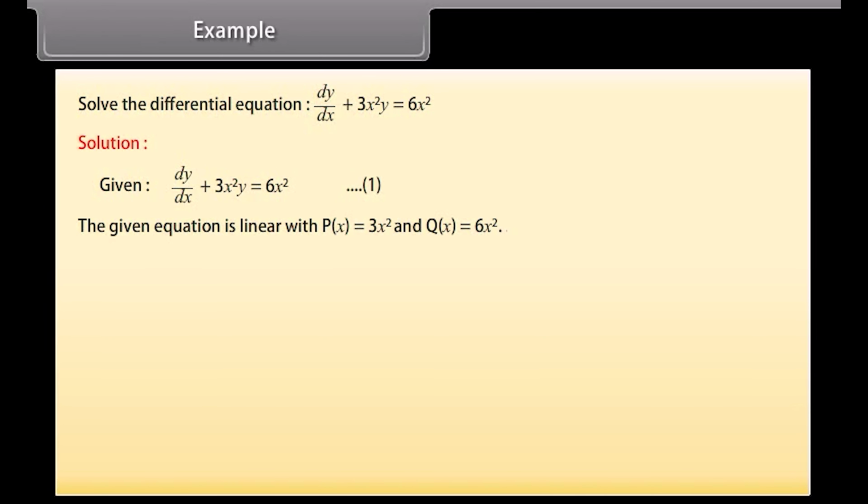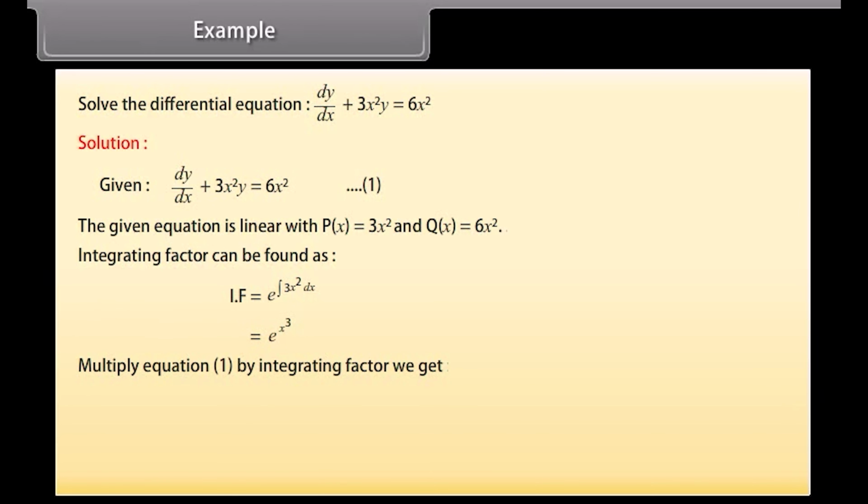The given equation is linear with p(x) equals 3x square and q(x) equals 6x square. Integrating factor can be found as I.F. equals e raised to the power integral of 3x square with respect to dx equals e raised to the power x cube.